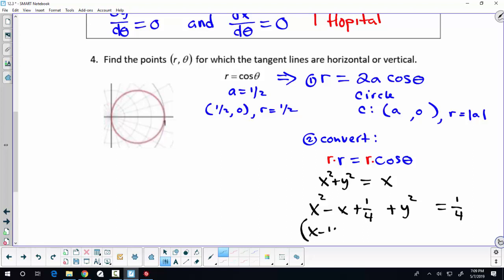And that's x minus 1/2 squared plus y squared equals 1/4. Center (1/2, 0), radius 1/2. So when looking at the graph, we should see 2 vertical tangents on the left and right, and 2 horizontal, top and bottom.